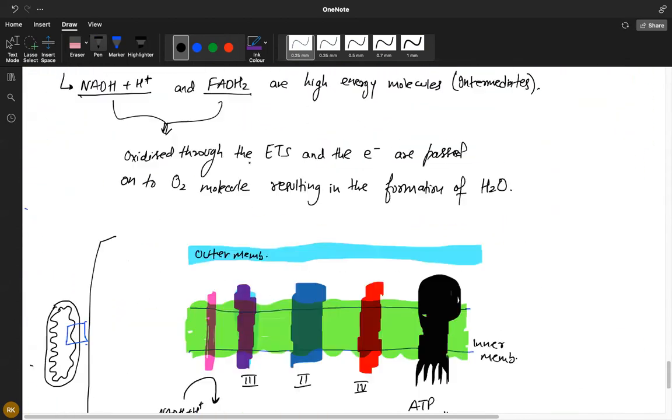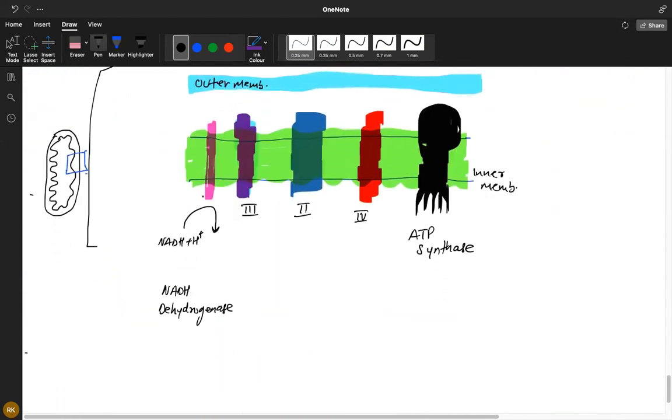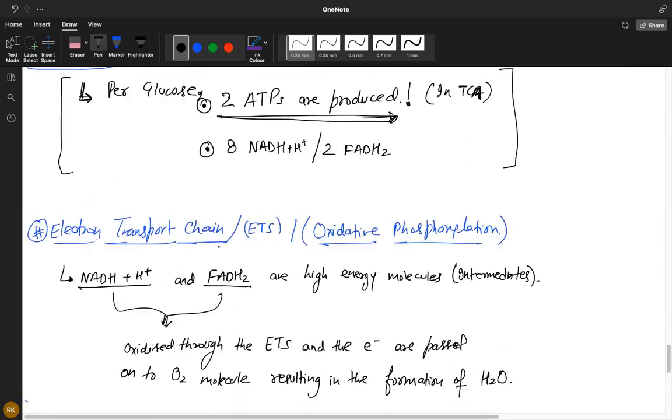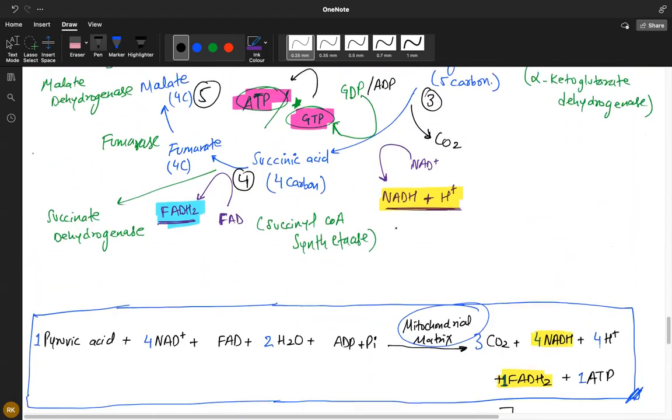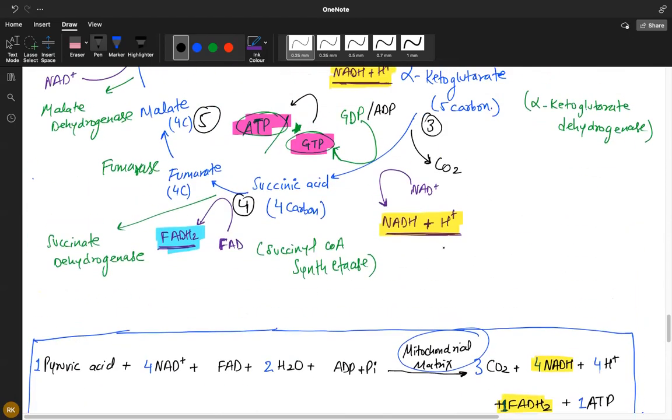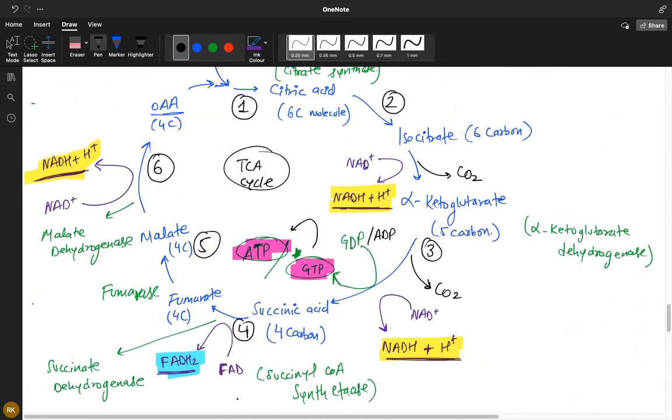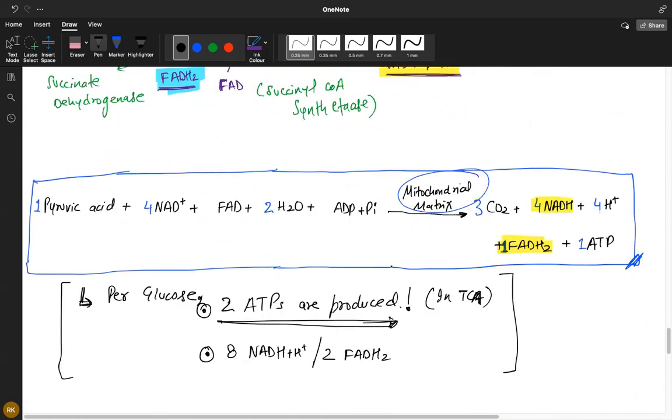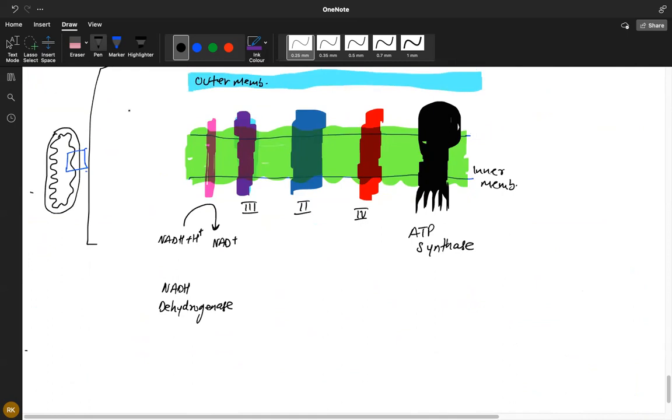So all this NADH plus H plus comes to the inner membrane and becomes NAD plus again, so that they can go back and do the same thing for the cycle. They are taking hydrogen from these molecules in the citric acid cycle and giving it back to complex 1.